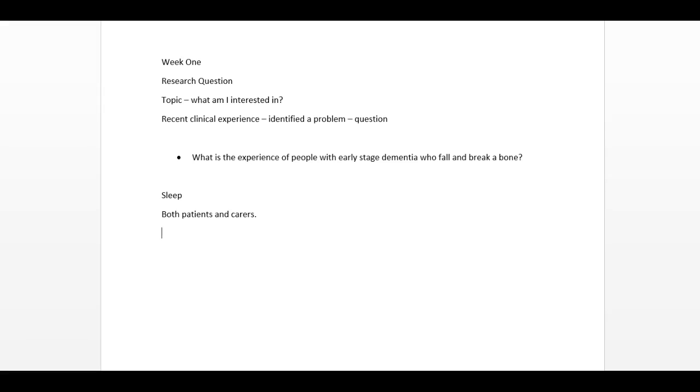But what if recently I've been on a maternity placement and I saw some pretty stressful things happen? I might start wondering how the midwives sleep after a stressful shift.